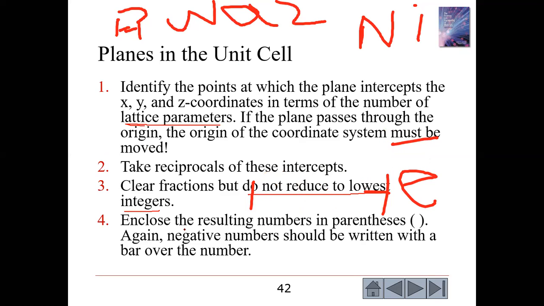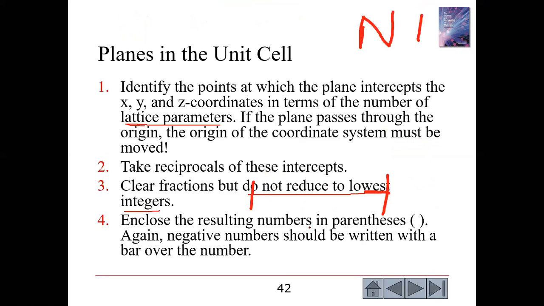Okay, so the fourth and last step is enclose the resulting numbers in parentheses, right? For directions, it was square brackets. For planes, it should be parentheses, right? So do not make a mistake of enclosing a plane in square brackets. You will consider it as a direction.